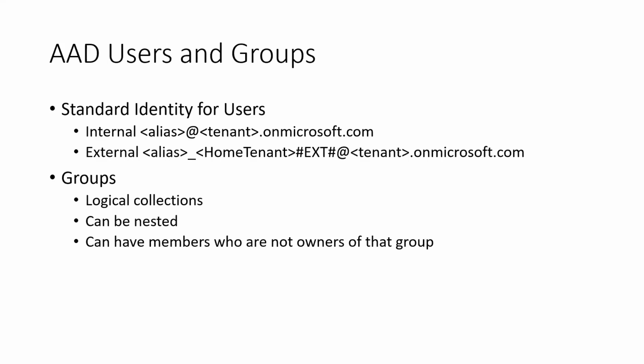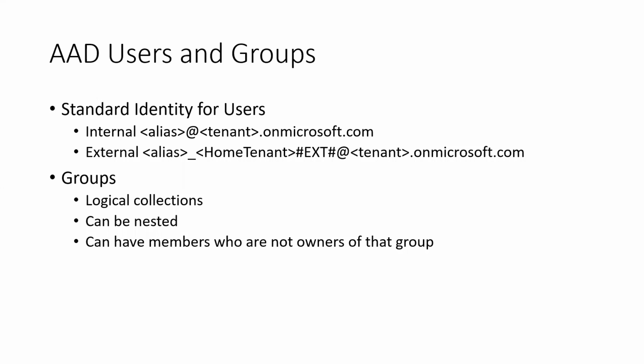So in users and groups, there's a standard identity for users, and there's an internal version of this identity, and then there's an external version as well. That's kind of the basic structure of the internal and external identity object, basically identity references for users.